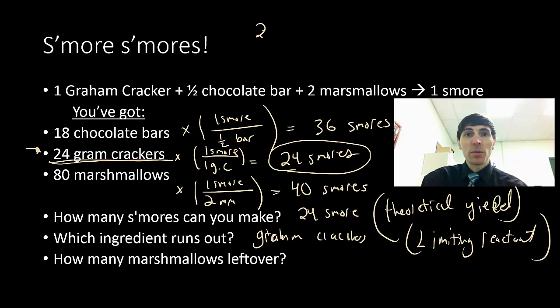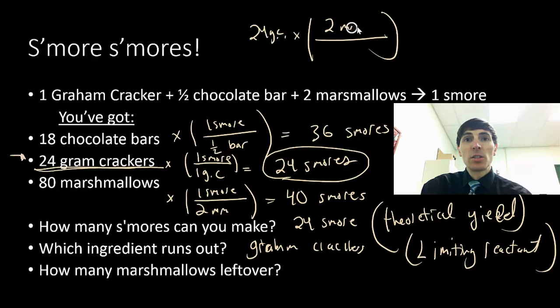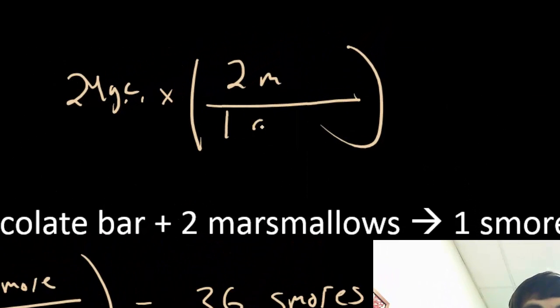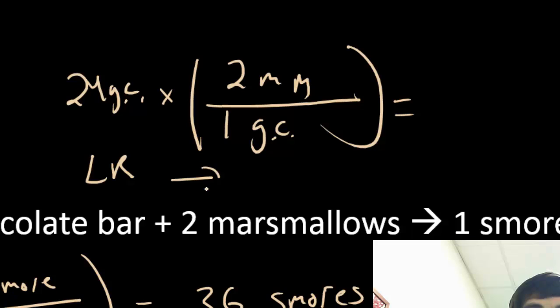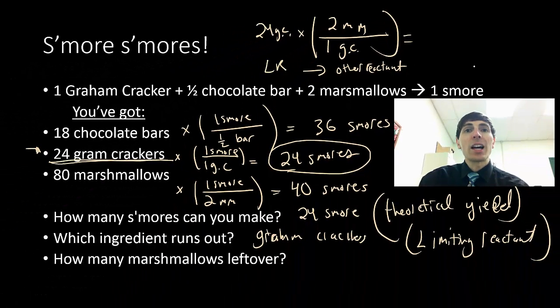So when I take my 24 graham crackers and ask how many marshmallows I need, I need 2 marshmallows for every one of those graham crackers. I take my limiting reactant and convert it to the other reactant, and that tells me how much I used. How much did I use up?